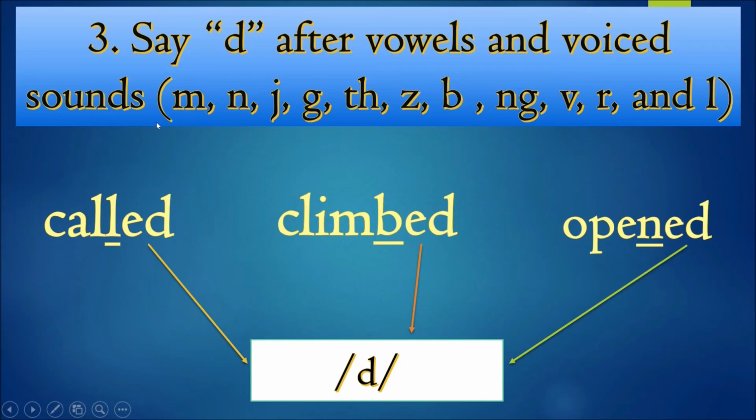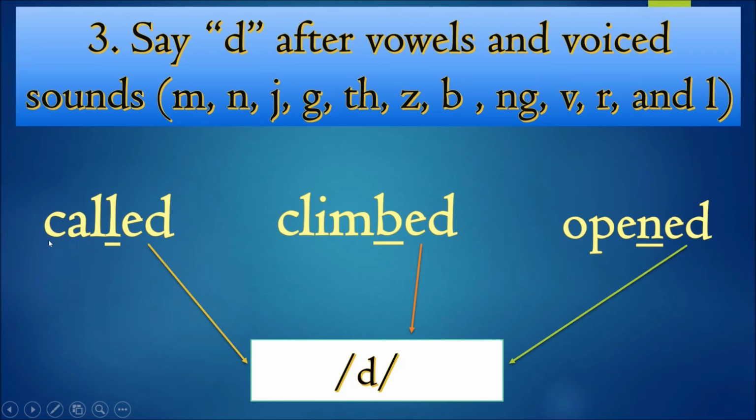The sound of M is m. N is n, j, g, th, z, b, n, v, r, and l. Okay? So you have to say the sound of the ed is d.